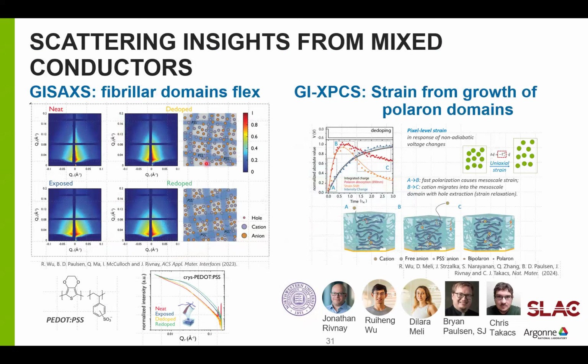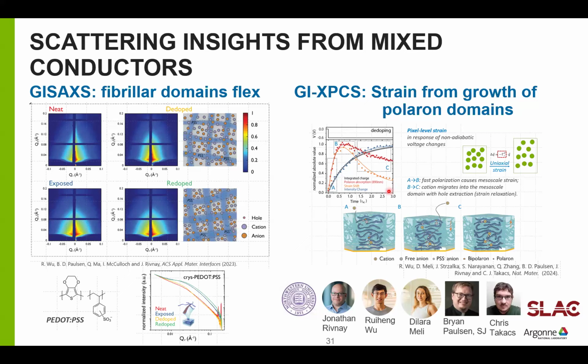then they also showed, so GIXS is also interesting. So working at larger length scales, you can see there's subtle but definite differences in the GIXS scattering, and it has to do with sort of flexing of these domains within the material, but also operando studies.